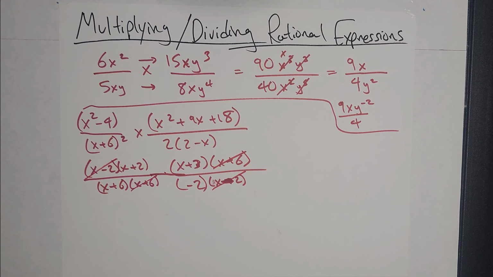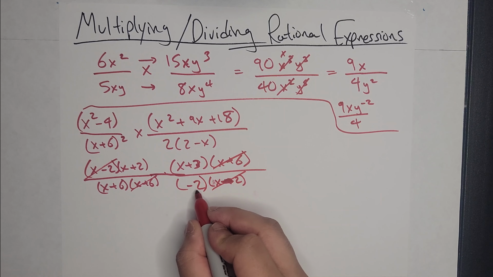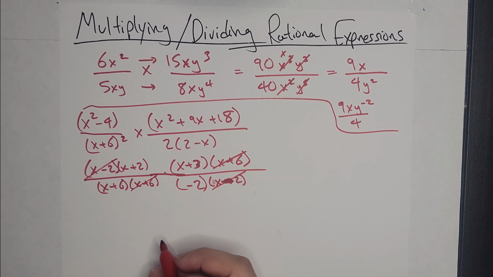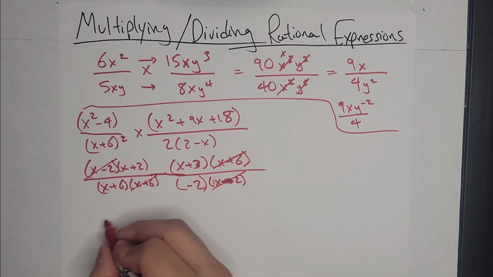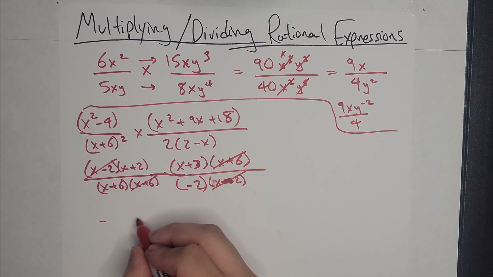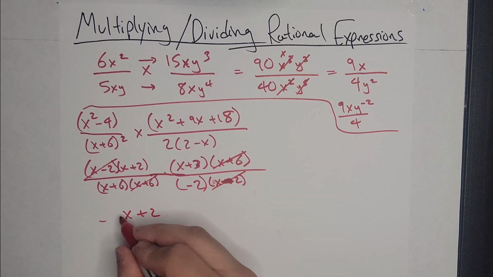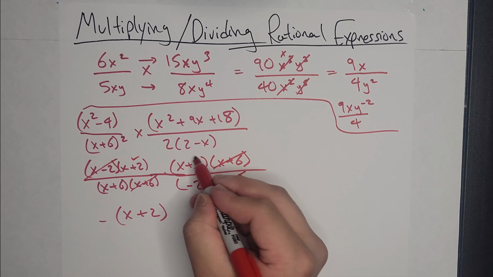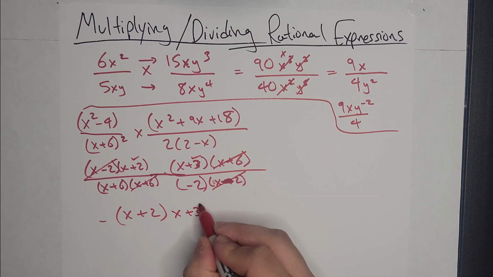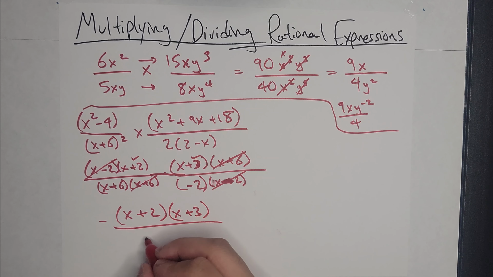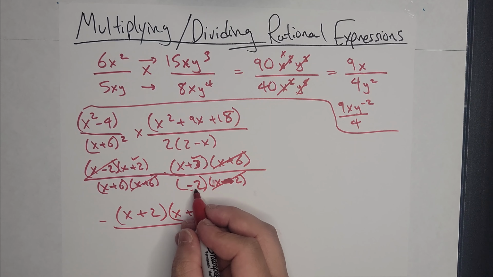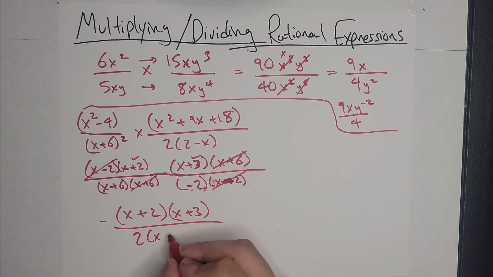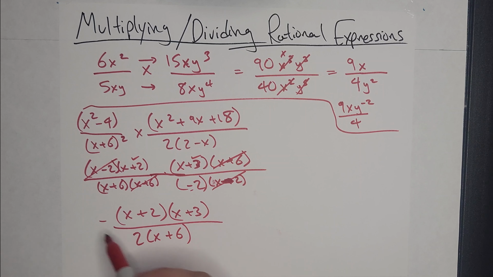And now all I'm left with is that negative in the denominator, so I can bring the negative up here, so I can write negative x plus 2. I'm left with this one, x plus 3, in the denominator. The 2 is still there. X plus 6.